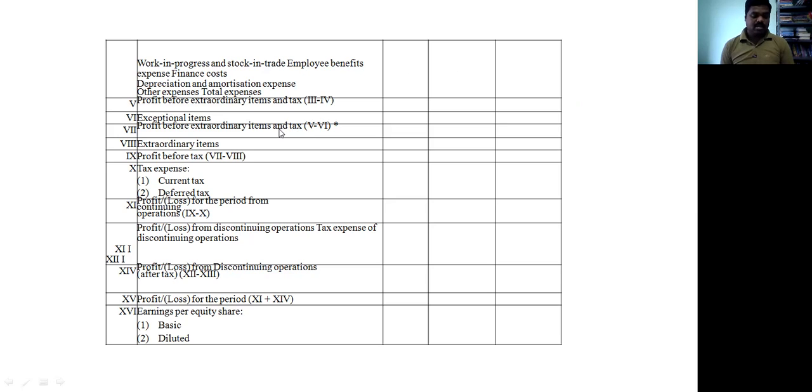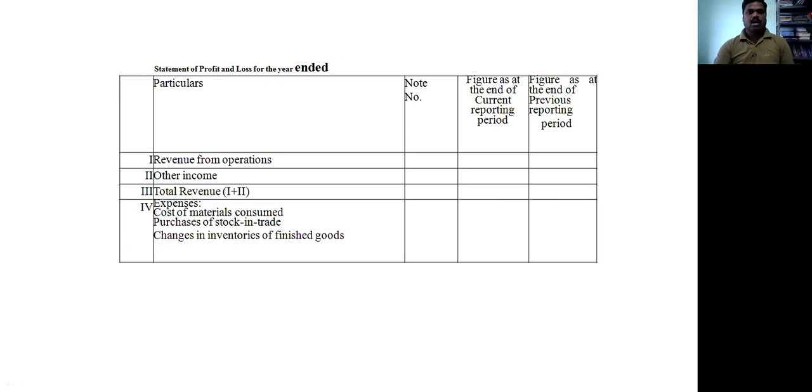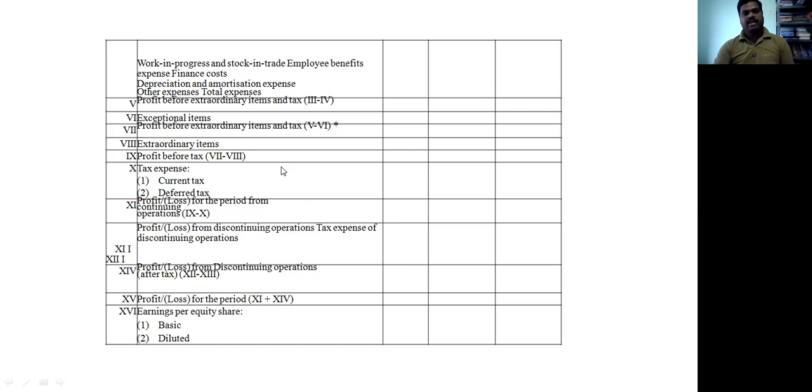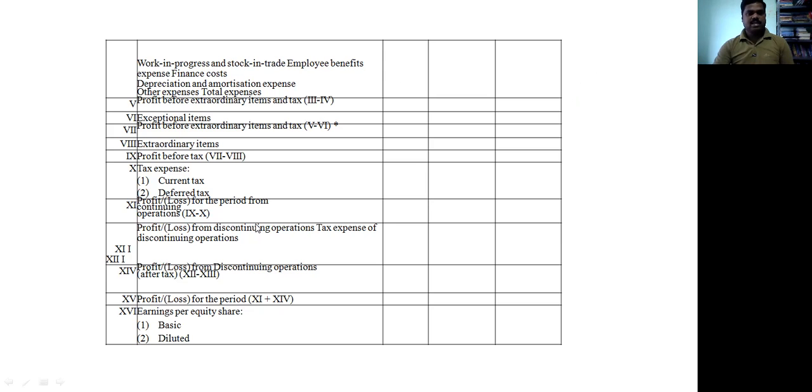Take for instance, if any indirect expenses are there, they have to be recorded under whichever relevant items, like cost of material consumed, purchase of stock in trade, and changes in inventories of finished goods. So the profit before tax is the major one.